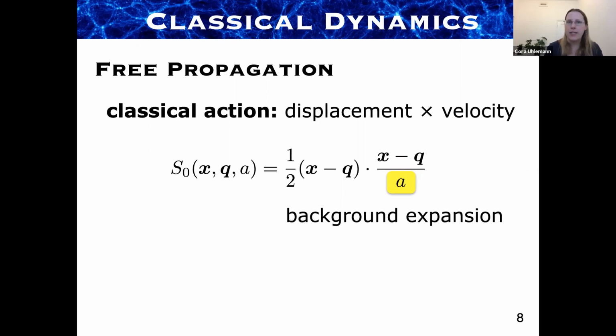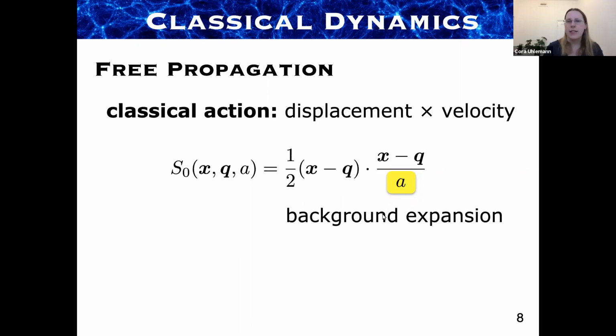And if we integrate this, we get a result that the classical action is proportional to the displacement of the particle, basically the difference between the final position x and the initial position q, times the velocity, and in our case that's constant, so it's just the ratio of the displacement and time. And let me remind you that our time variable is the scale factor time, so essentially this also encodes the background expansion.